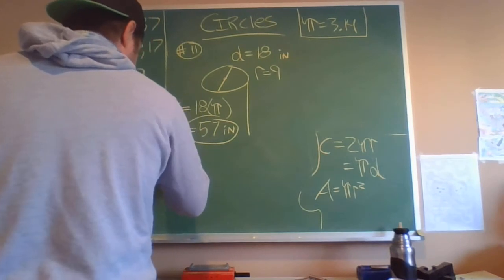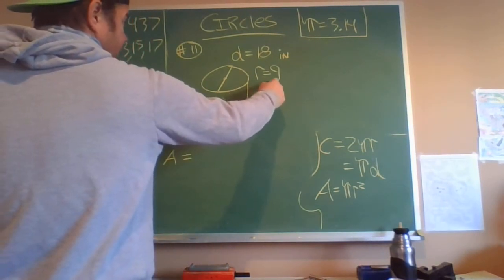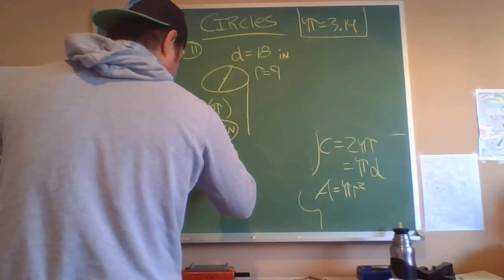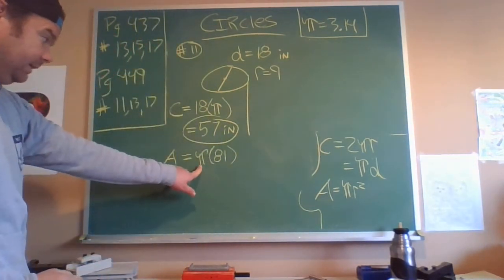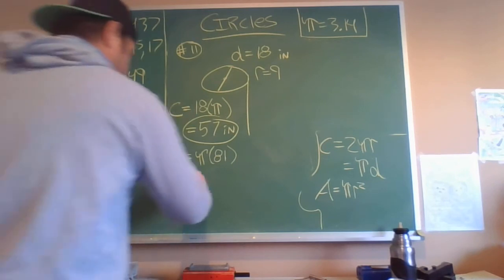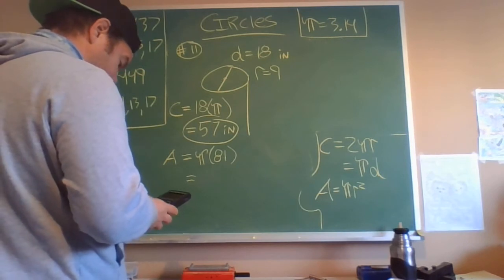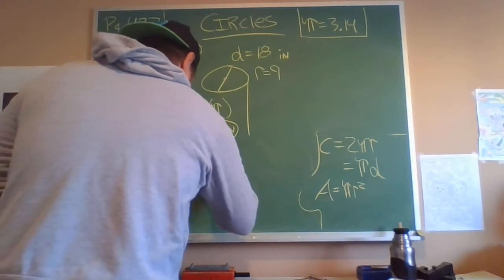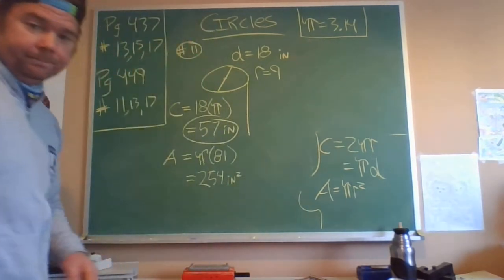For the area, pi r squared. Well, the radius is 9. Pi times 9 squared. 9 squared is 81. There's the exact answer: the area is 81 pi inches squared. Or if we use our approximation for pi, we get 81 times 3.14, which is 254 inches squared.